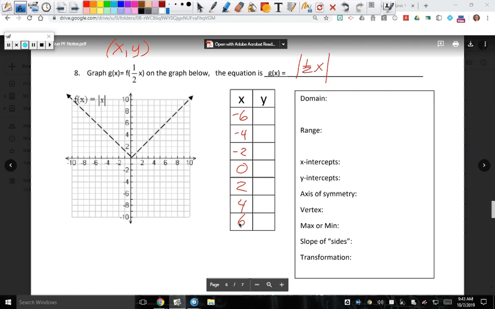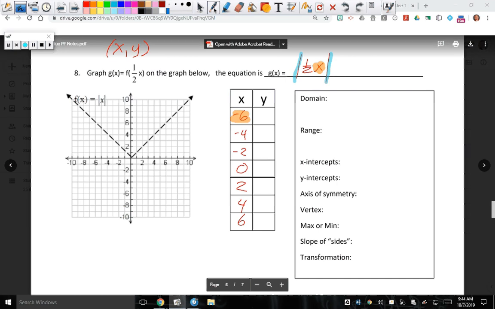Okay? So anyone, when I plug this number in, what's first going to happen to this -6? It will multiply by 1/2, right? What do I get? -3. The second step that happens is going to be this step right here.